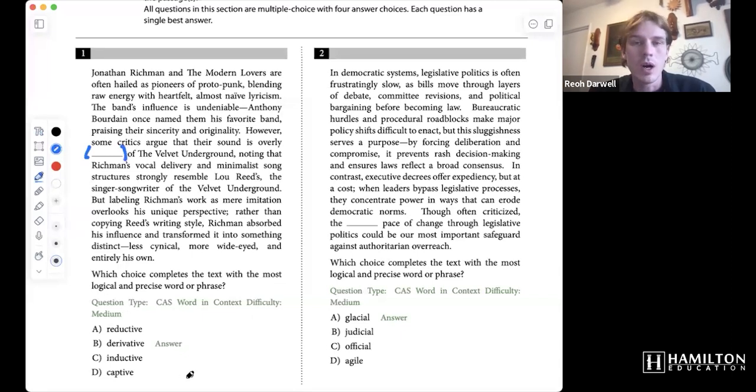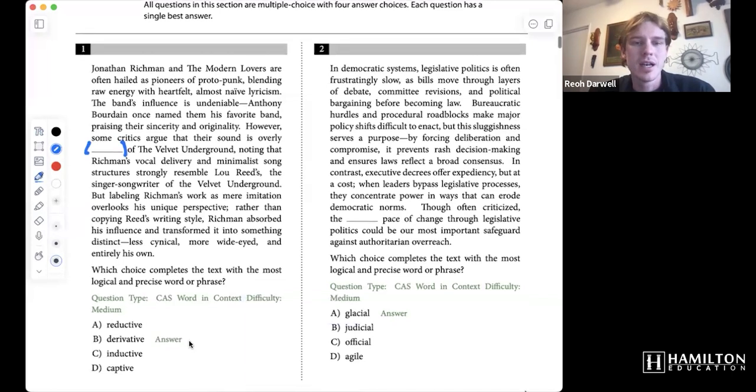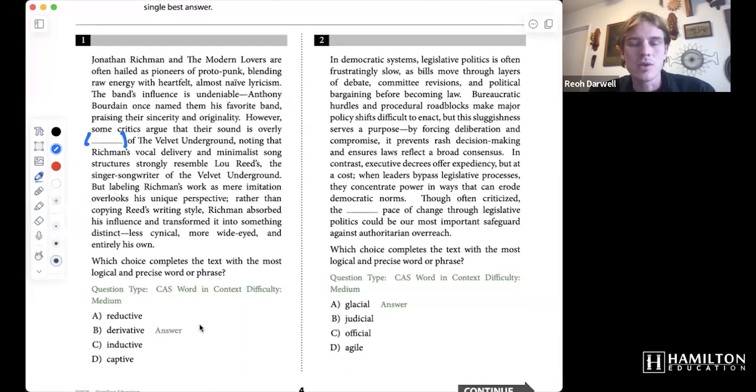What we want is a word that says it sounds very inspired by the band The Velvet Underground, or in the style of the Velvet Underground, something that says that this band is an influence on the style of this band here and this songwriter here, and to do it in a way which suggests some sort of negative connotation, okay?